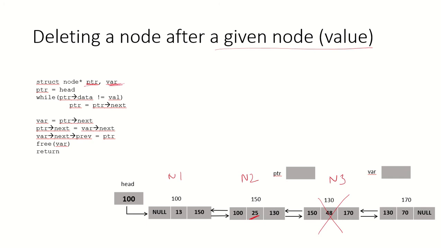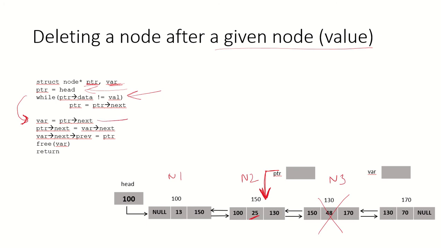PTR we are going to initialize to head because we want to traverse the linked list, and we will traverse till PTR arrow data is equal to val. So that means we have reached over here. Now PTR is pointing to node 2. As soon as PTR arrow data equals val, we come out of the loop.